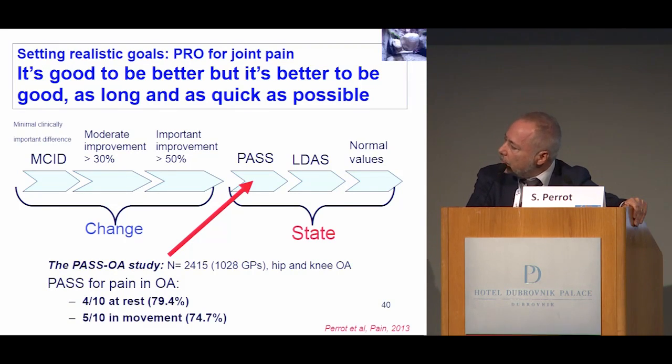We were able to demonstrate that the PASS in osteoarthritis is 4 on 10 at rest, and 5 on 10 in movement, both in hip and knee osteoarthritis. So that could be a point to consider with the patients to improve their quality of life.